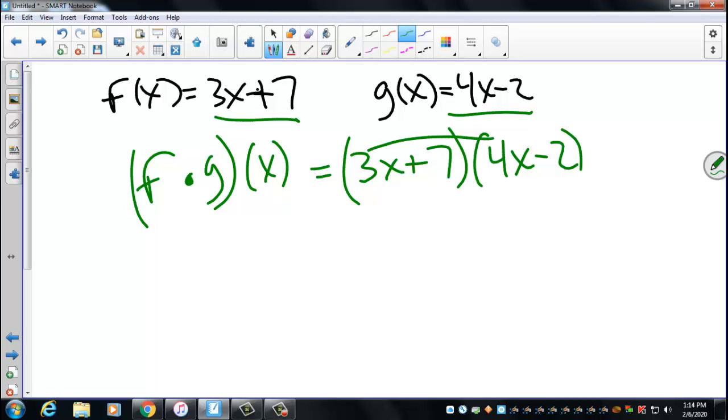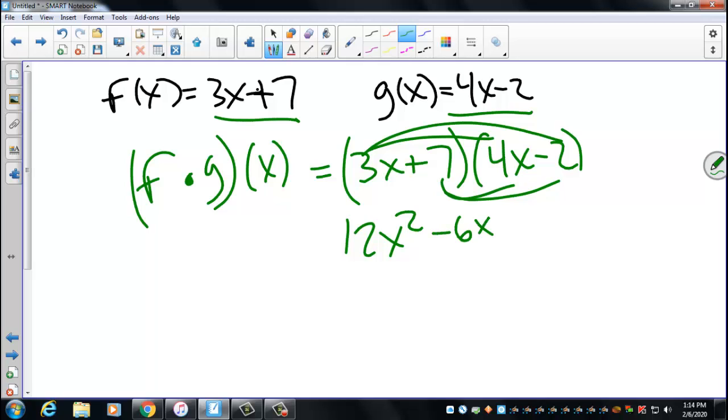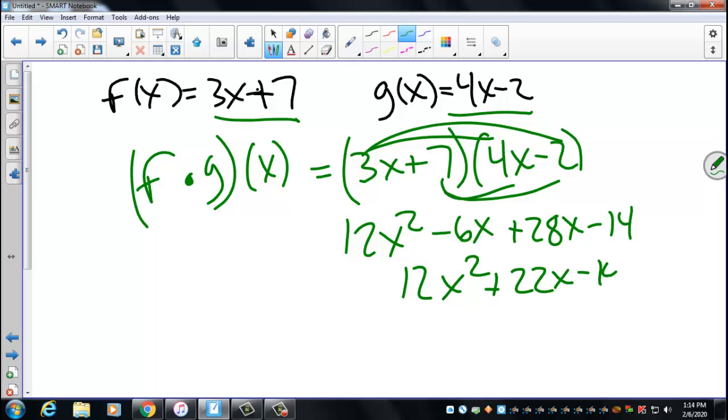So you distribute. 12x squared minus 6x plus 28x minus 14, which would be 12x squared plus 22x minus 14.